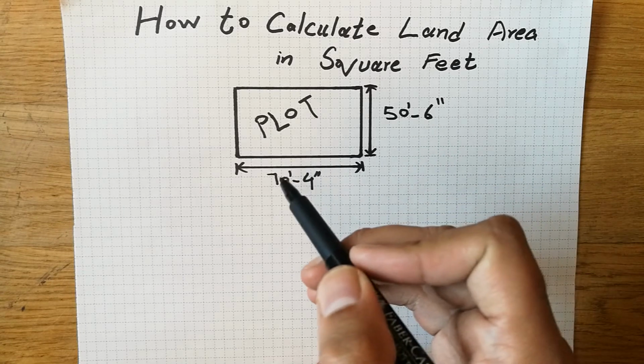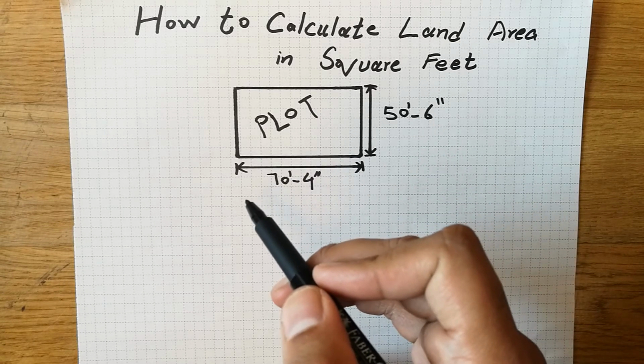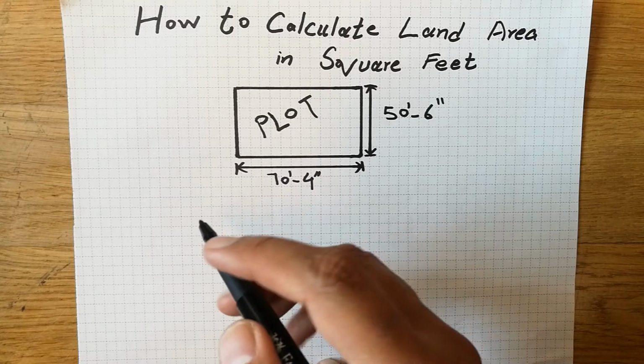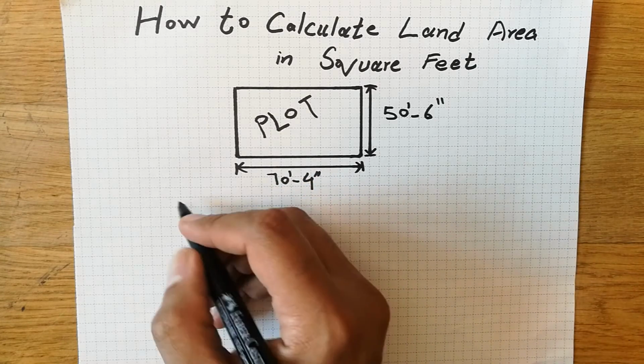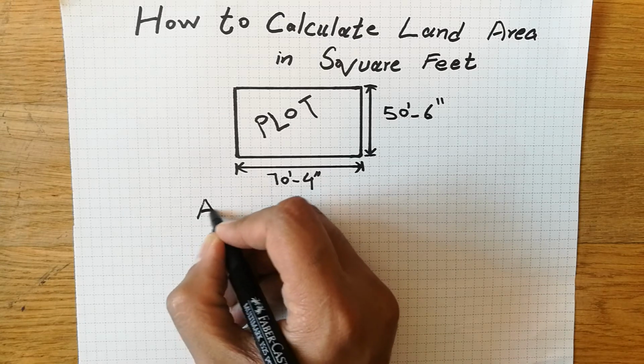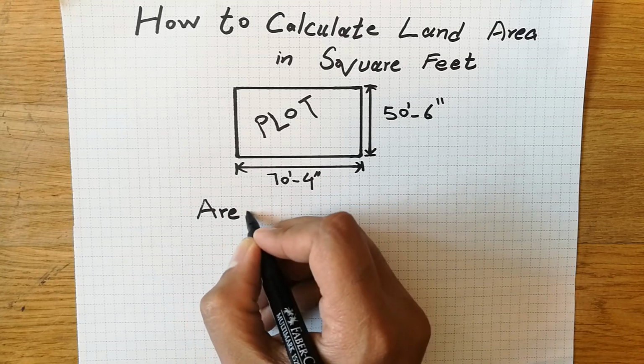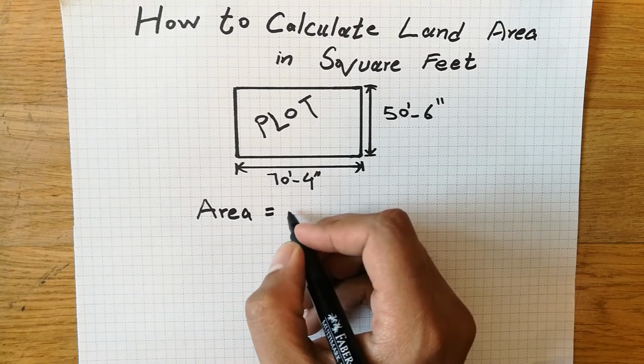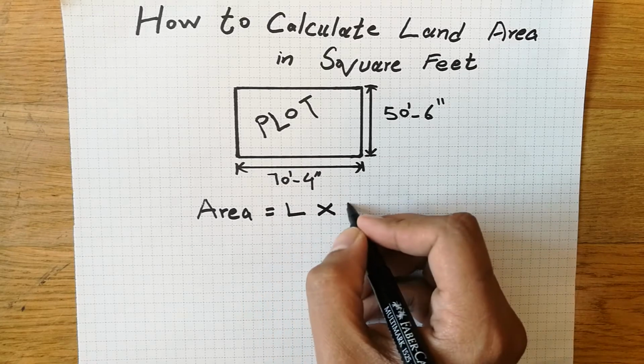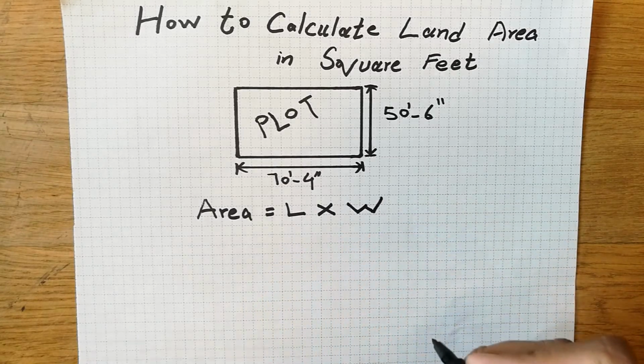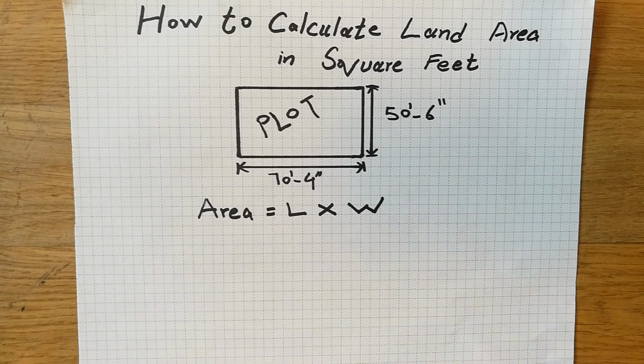Okay guys, now to calculate the area of the plot we use a formula. The formula is area is equal to length multiplied by width. So this is the formula to calculate the area.